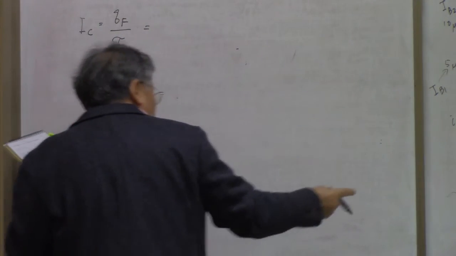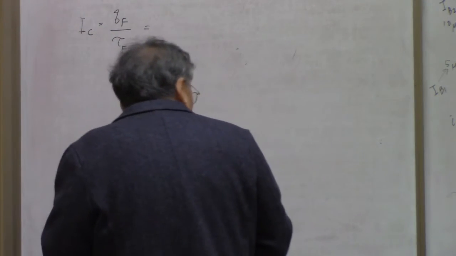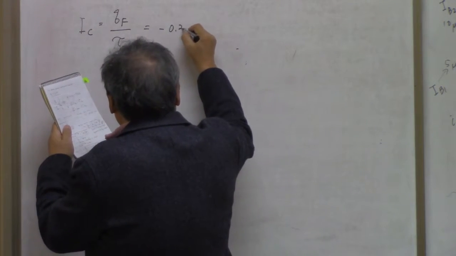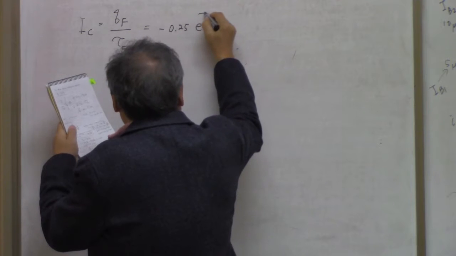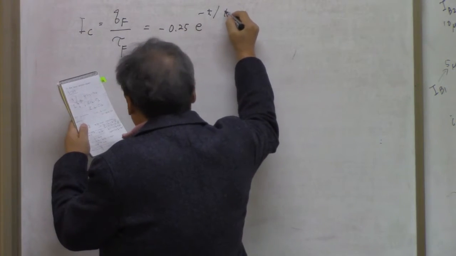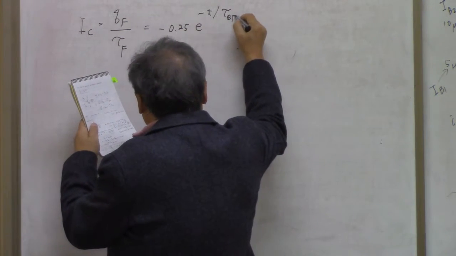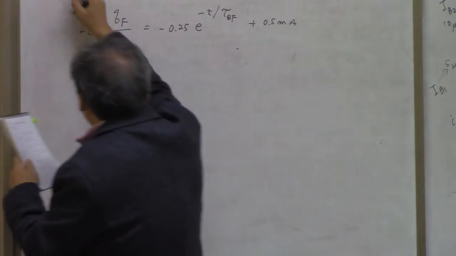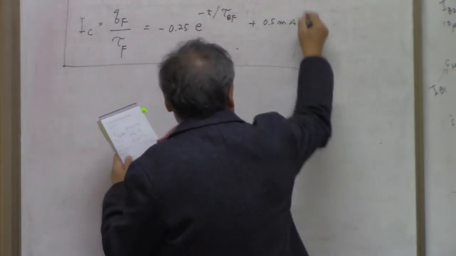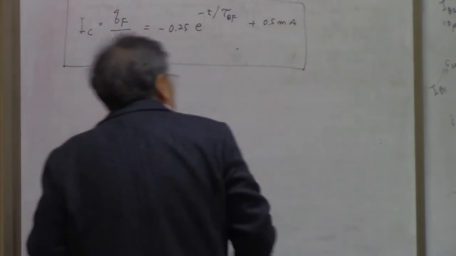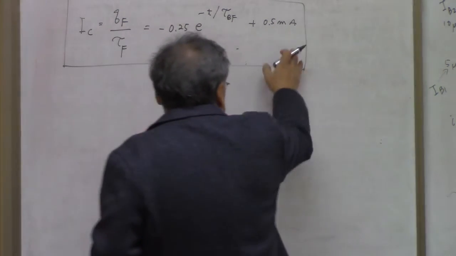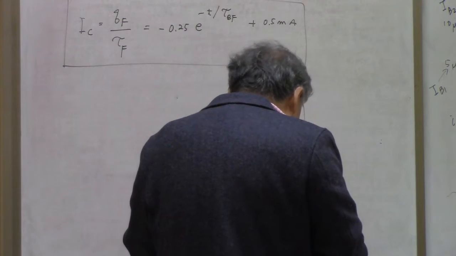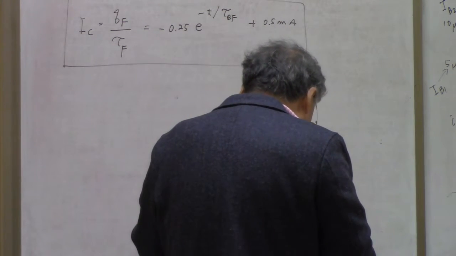And then you just divide that by tau F, then you end up with 0.25 e to the minus t over tau BF plus 0.5 milliamps. That is the solution. That is the current that you're going to get from your device. This is just a simple example.